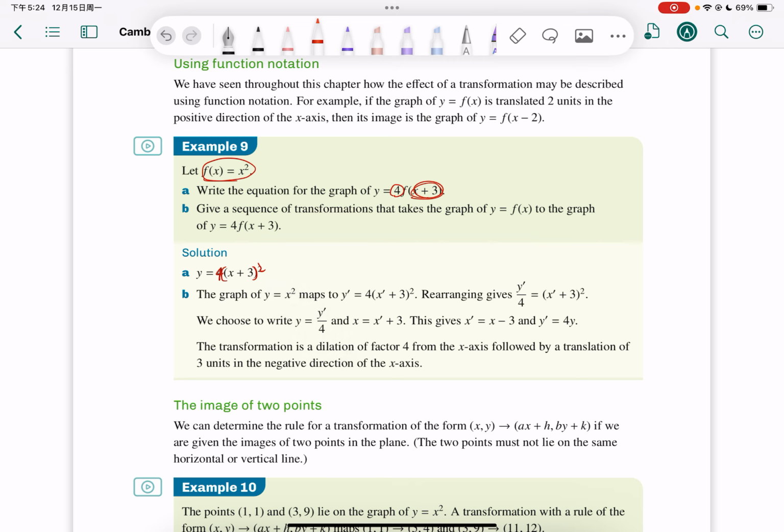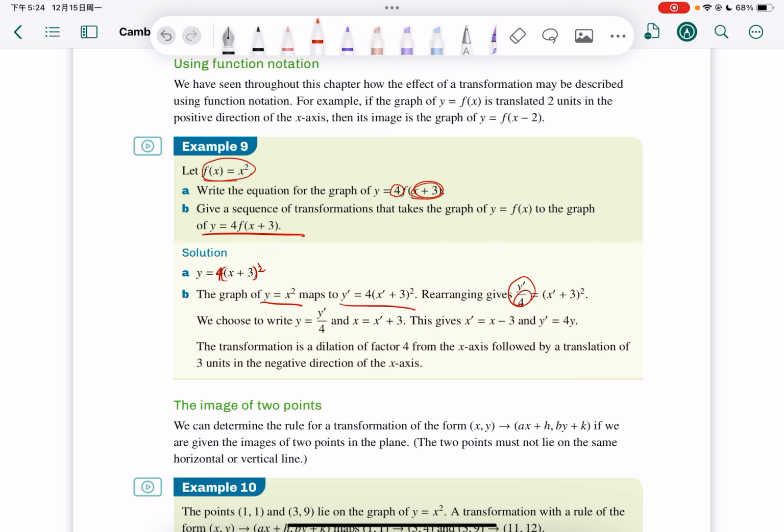That's part A. And part B, give a sequence of transformations that takes the graph y equal to f(x) to the graph y equal to 4f(x plus 3). So how are we going to map this function to this function, the initial to the final function? We can rearrange the final function, dividing by 4, and that's the y part.